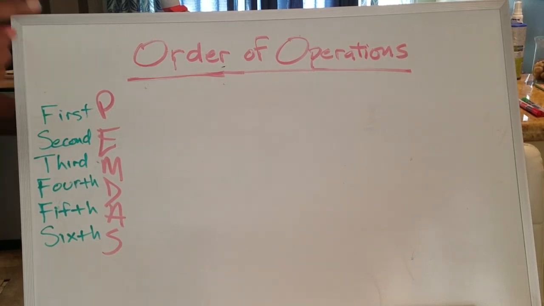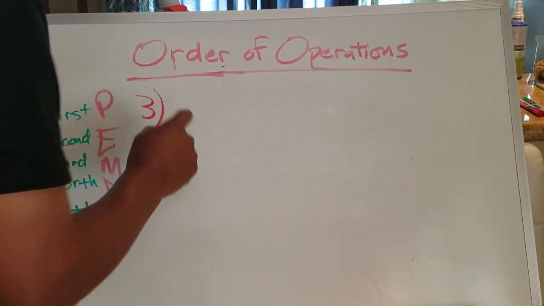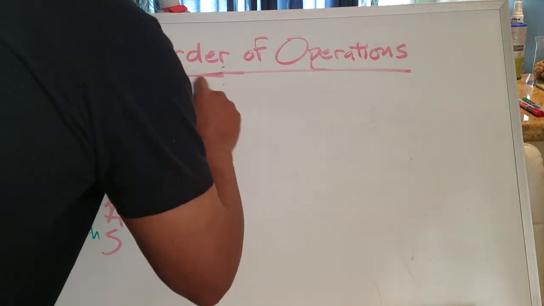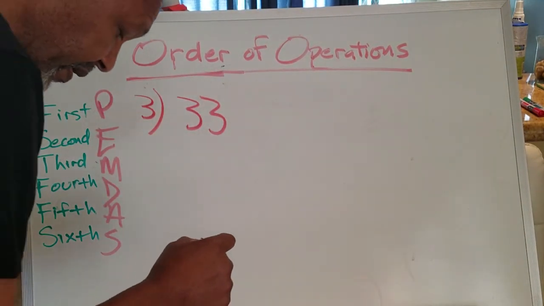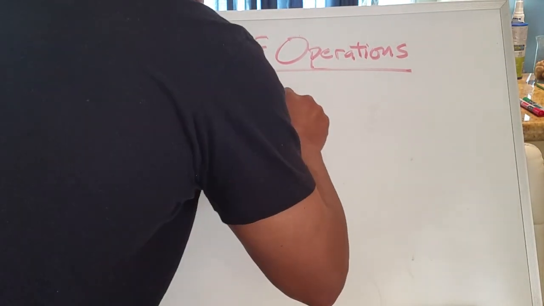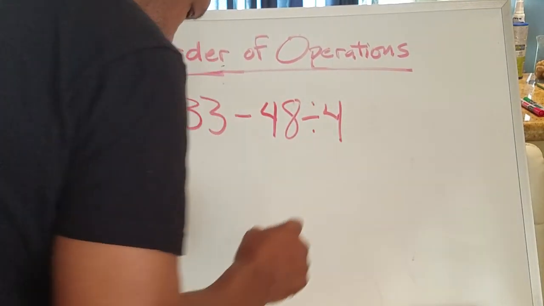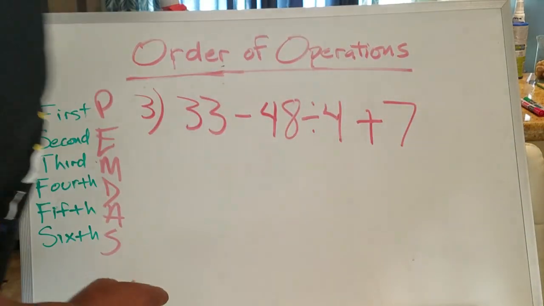Okay, now for the third problem, you're going to do it. So for problem number 3, it's going to be 33 minus 48 divided by 4 plus 7.